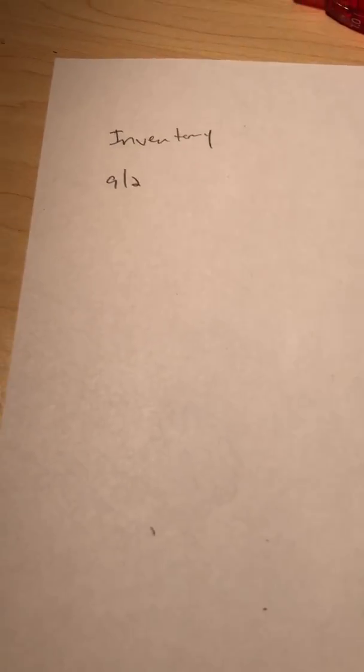But really what this means, and this is what I'm going to show you, we go here and we create an inventory tracking sheet. On 9/2, we bought 10 units for $50.